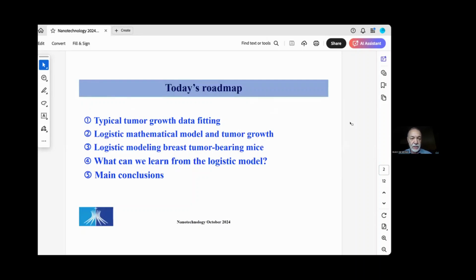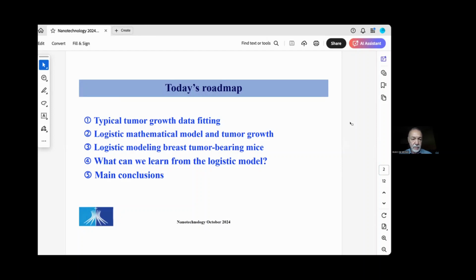I will briefly review with you the typical tumor growth models, and then I will stop a little bit longer talking about the logistic mathematical model, which is commonly used to describe the tumor growth.